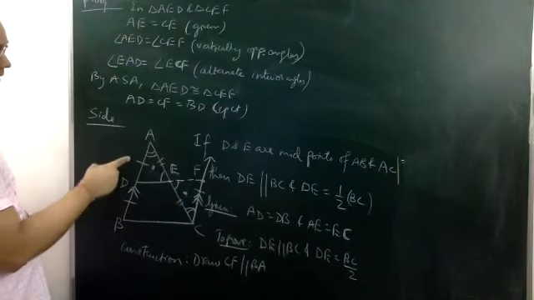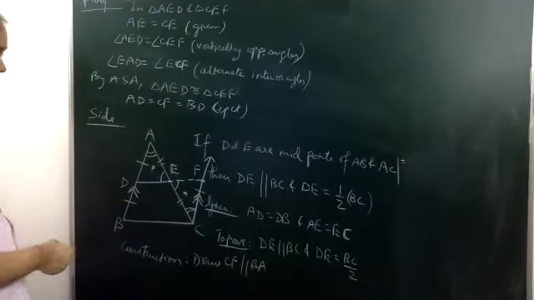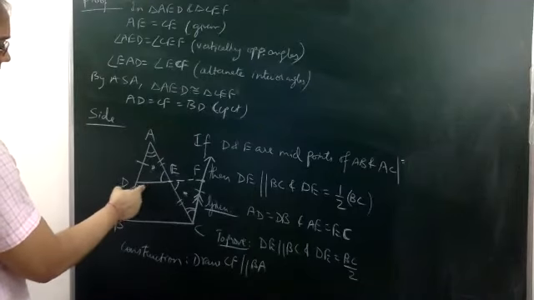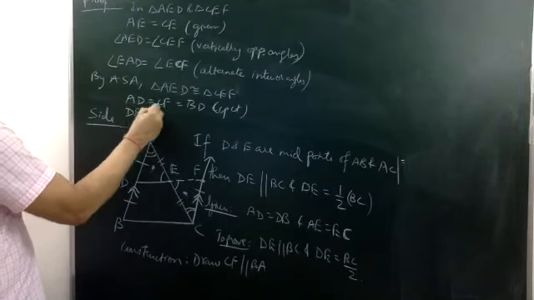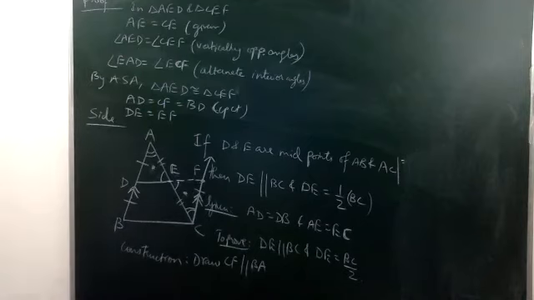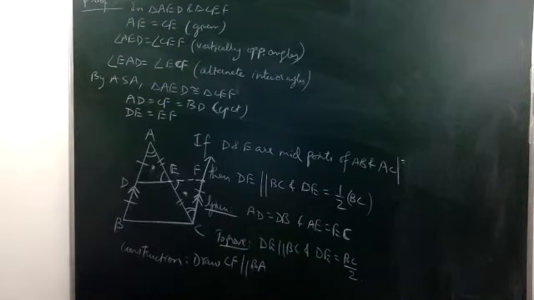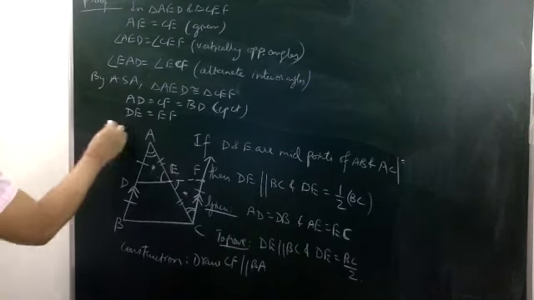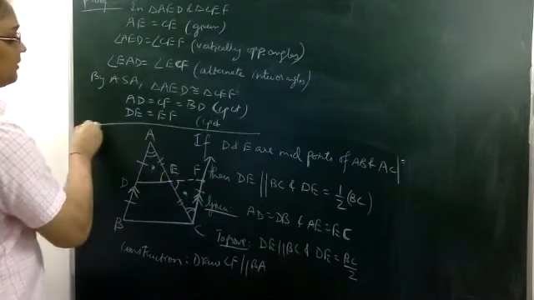AD BD के बराबर है, AD CF के बराबर हो गया, तो तीनों इक्वल हो गए. उसके अलावा this DE becomes equal to EF. This is also by CPCT.